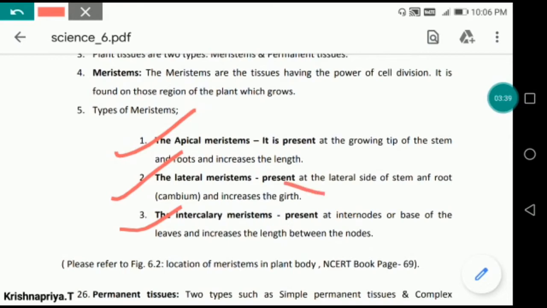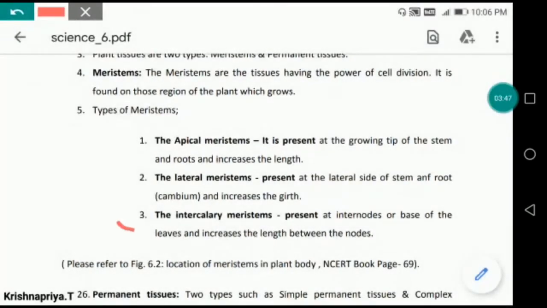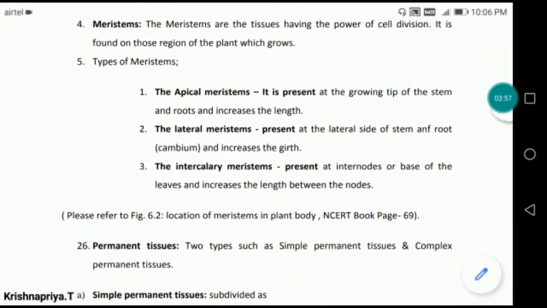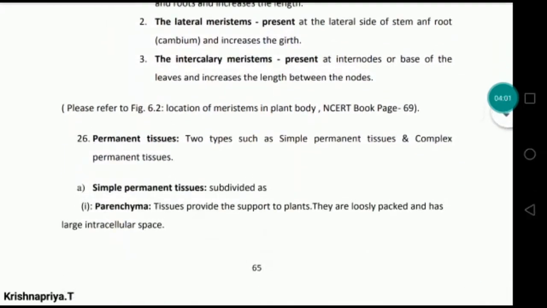Girth means thickness of the stem. Intercalary meristematic tissue is present at the internode or the base of the leaves, and it increases the length between the nodes.